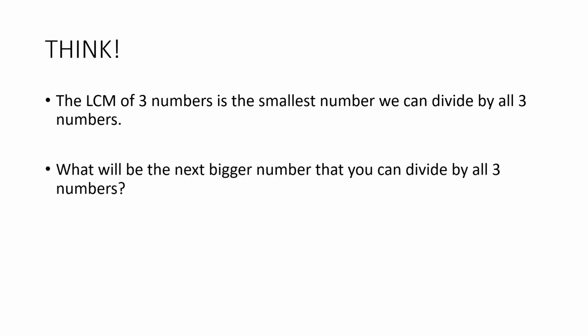What will be the next bigger number that you can divide by all three numbers? So 48 is the least number you can divide by both 12 and 16. What is the next number you can divide by both 12 and 16? Think about it. That will help you solve problem number 4.